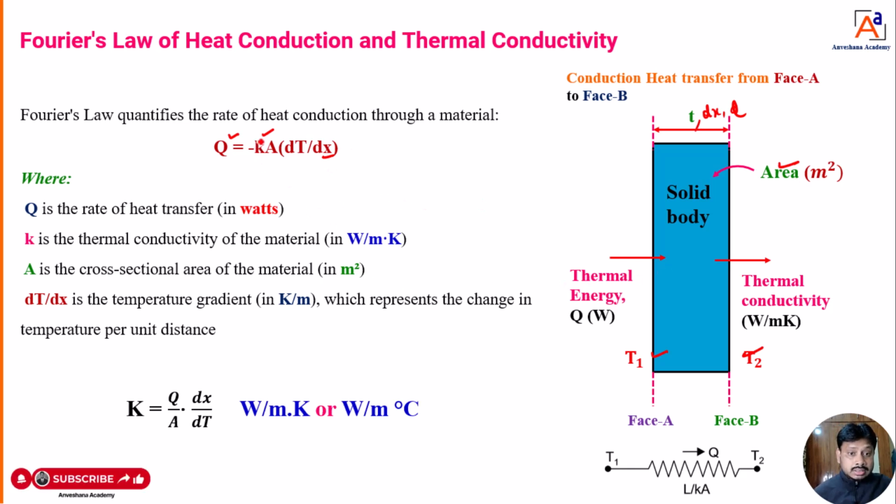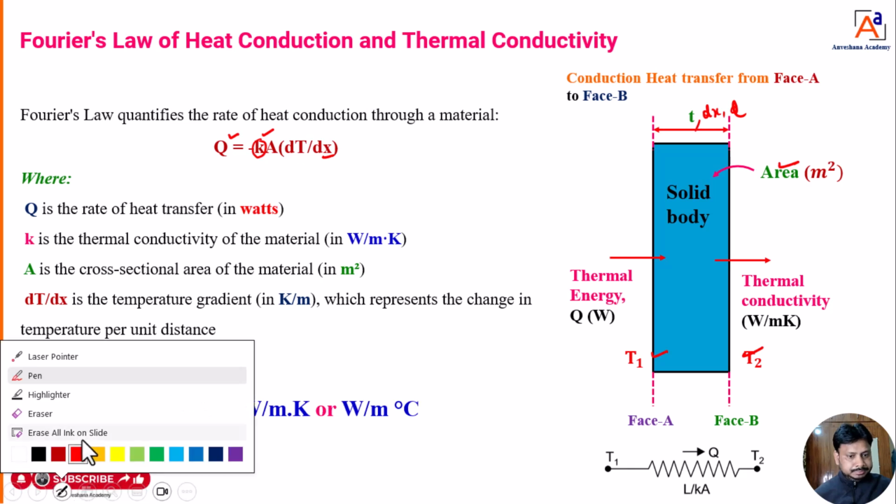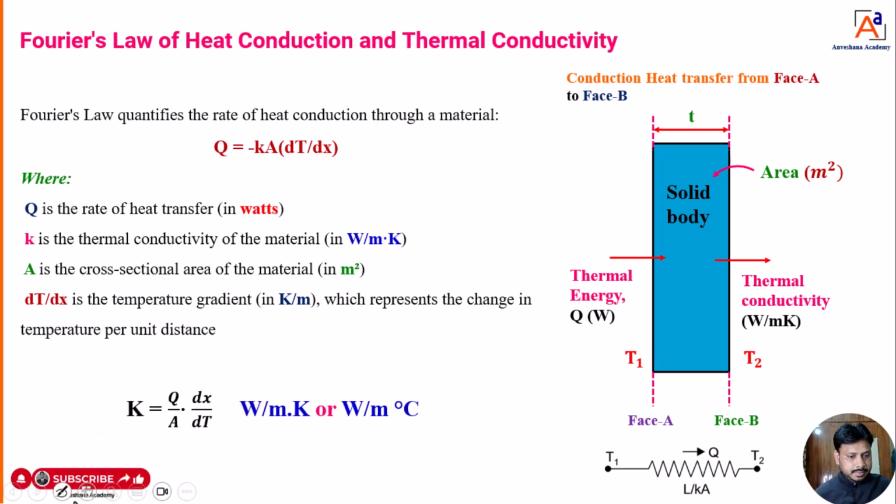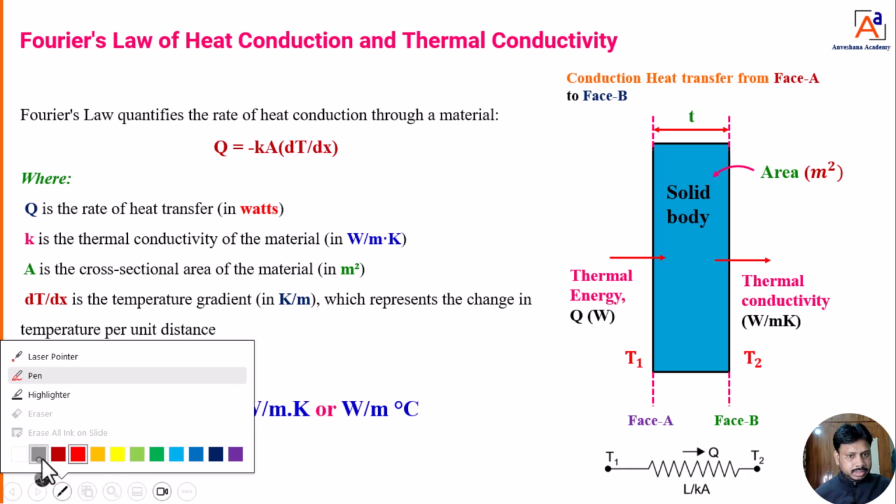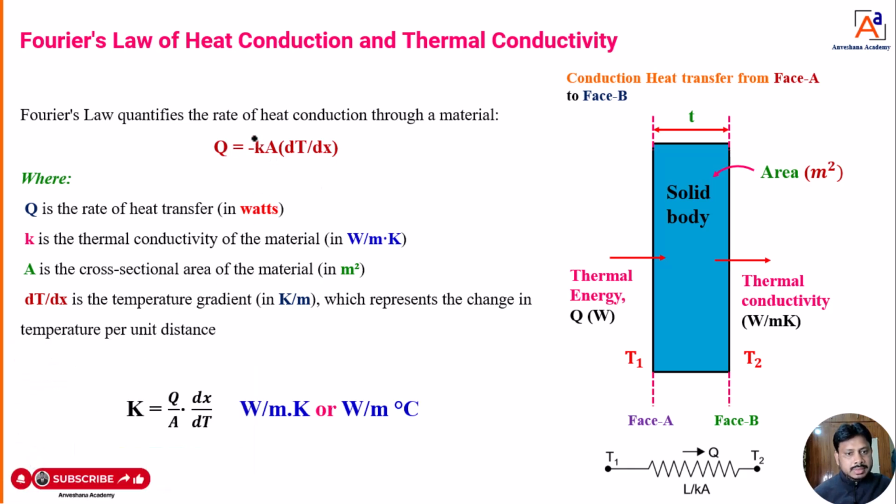So with the help of Fourier's law of conduction equation, I can calculate K. I will shift the terms and take the value of Q outside. I will leave the minus sign aside.